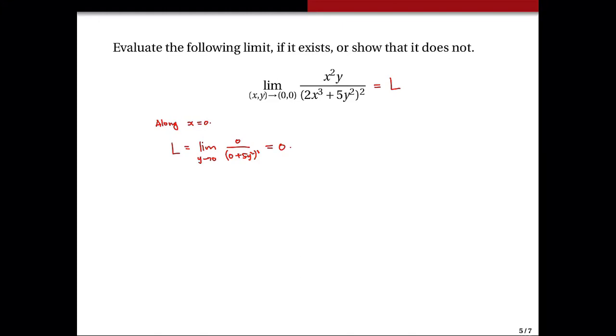Now, for those who said in the chat room that we find curves, can you give a curve that will give a different limit?